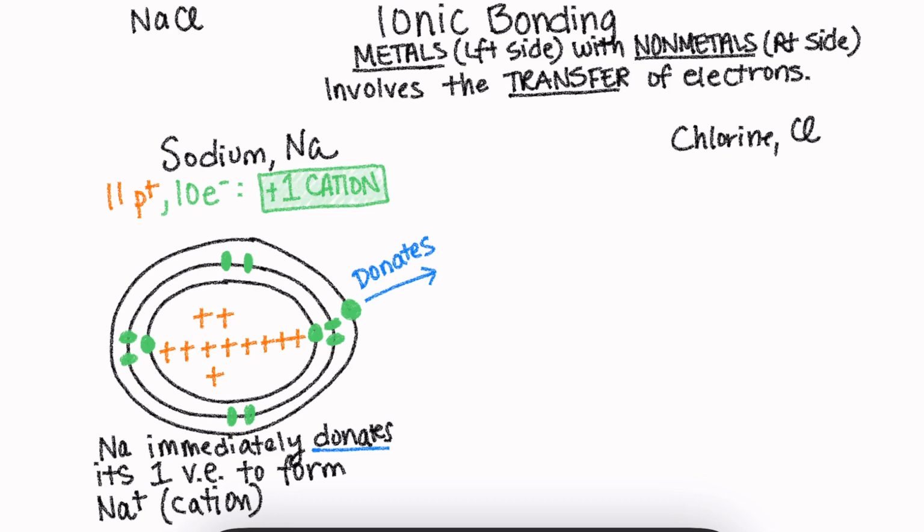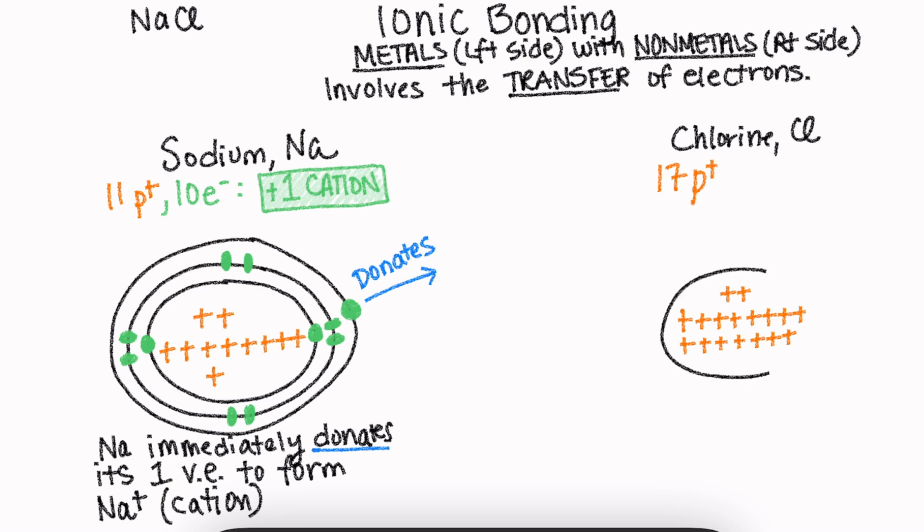Now we'll look at the experience of chlorine to see why these two bond together so often and form what's called an ionic bond. Chlorine has 17 protons. Those are its protons in the nucleus.